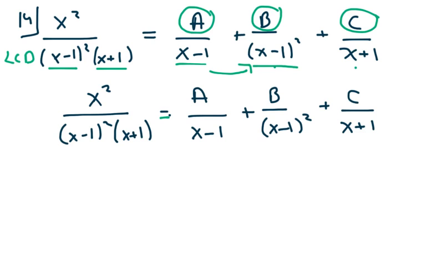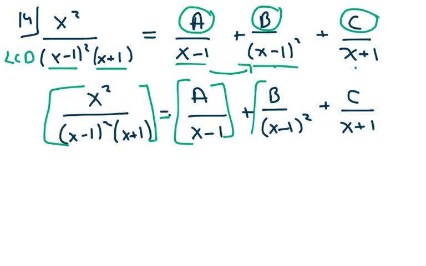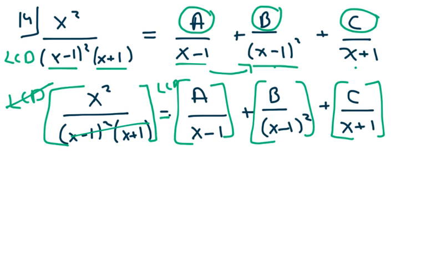With the same procedures, we're going to multiply each of these terms by the LCD. So I'm multiplying each piece by the LCD. I'm just going to put LCD to save space here. When you multiply this by the LCD, it cancels, so you're just left with x squared.